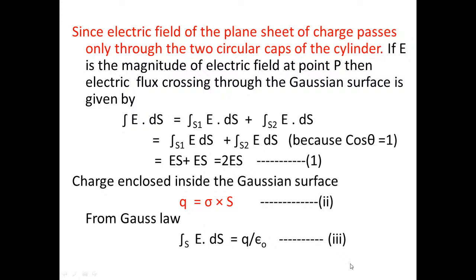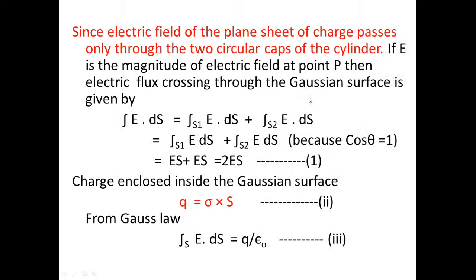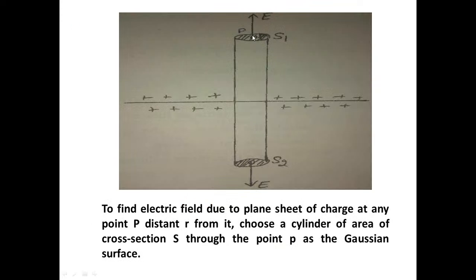If E is the magnitude of electric field at point P, then electric flux crossing through the Gaussian surface is given by integral E dot ds, and it is equal to integral over surface S1 E dot ds plus integral over surface S2 E dot ds.